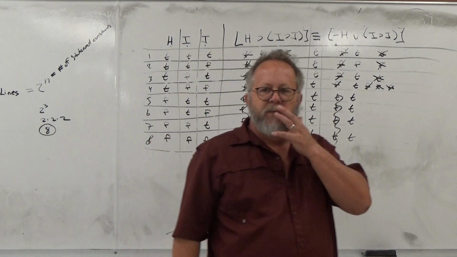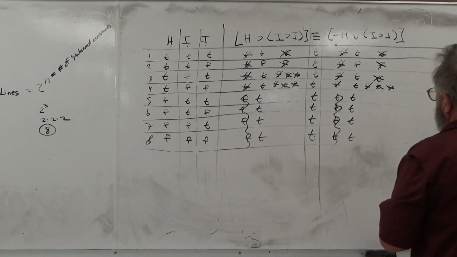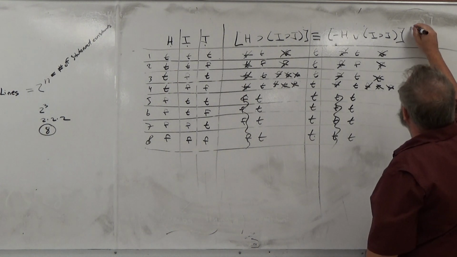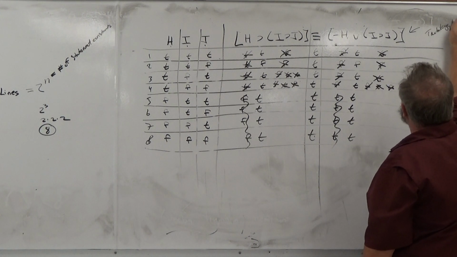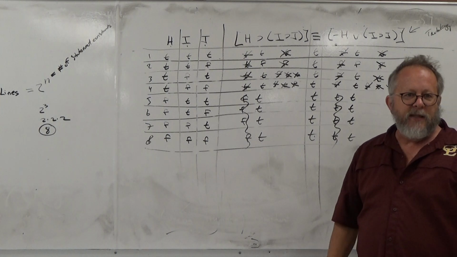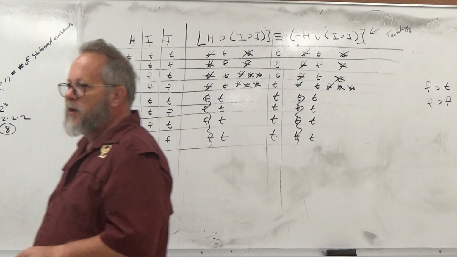There we go. Okay, so this statement came out true in each and every possible combination of truth values for the statement constants. So what kind of a statement is this? Any questions about that? If it came out always false, we'd say it's self-contradictory.